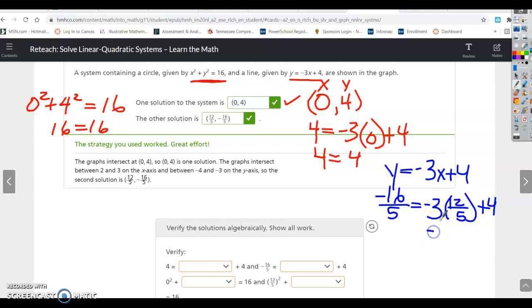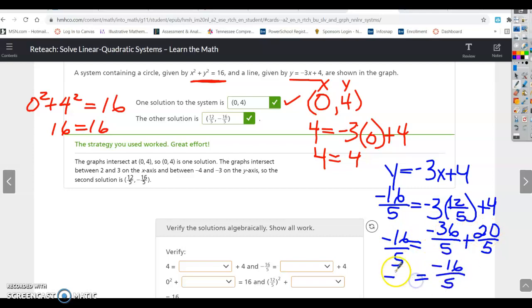So this becomes negative 36 over 5. And then we need a common denominator. So 4 is the same as 20 over 5. 5 goes into 20 4 times. All I did was make a common denominator. Negative 36 plus 20 is negative 16 over 5. So that does work for the linear equation.